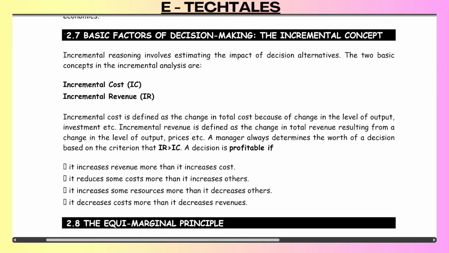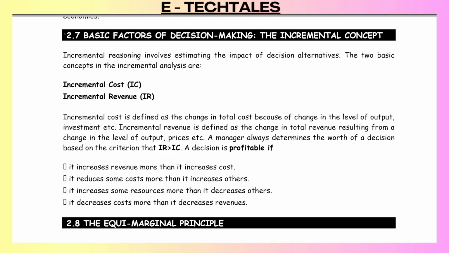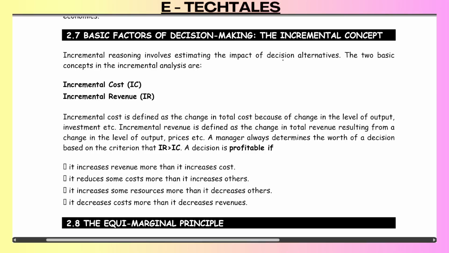The last topic of today's class, that is the basic factors of decision making, the incremental concept. Here we will talk on the different concept that is based on decision alternatives. Why? Because incremental reasoning involves estimating the impact of a decision alternative.